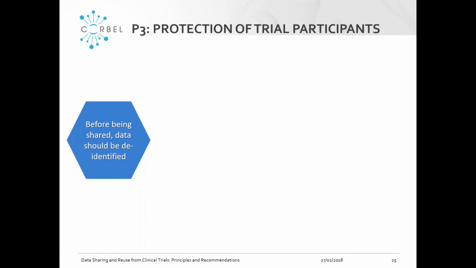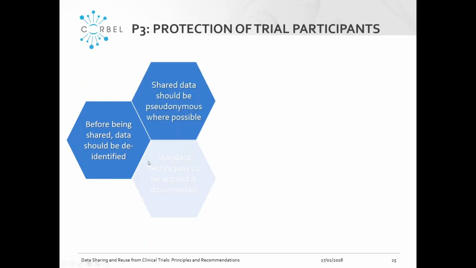Obviously, clinical trial data tends to start off as pseudonymous. And we would recommend that shared data should also be pseudonymous, in the sense that the original researchers still have the pseudonymizing links, the identifying links, even though to the recipients of the shared data it will be anonymized.